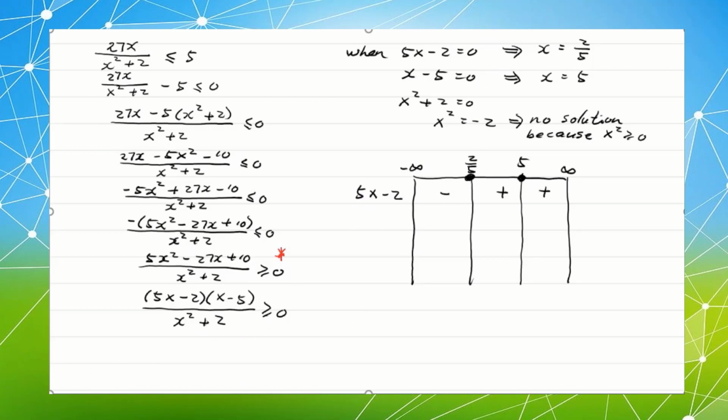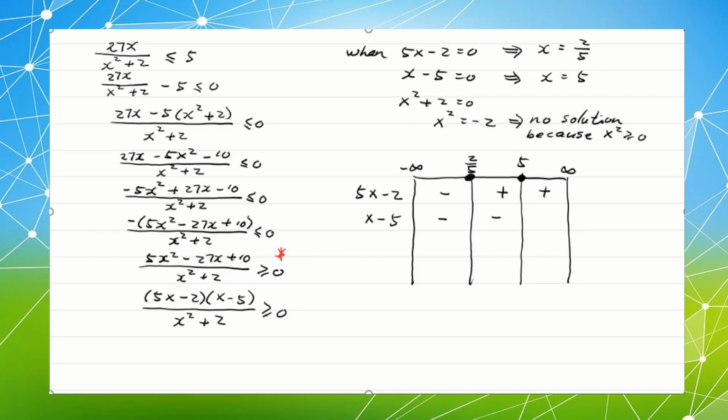Now we test the factor x minus 5. When x is less than 2 over 5, x minus 5 is negative. When x is in between 2 over 5 up to 5, x minus 5 is also negative.